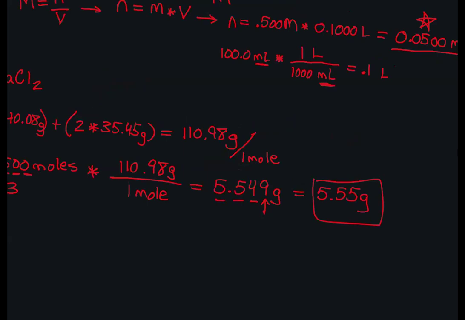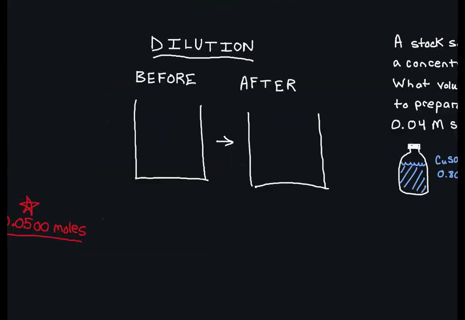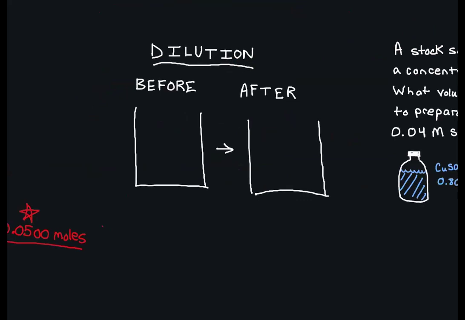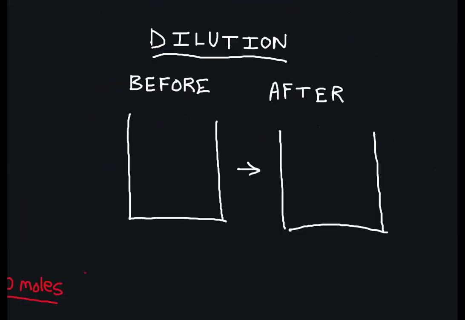The next type of calculation that you're going to need to do involves an equation that's known as the dilution equation. So, excuse me, let me just zoom in. If you think about what dilution is, say you have a drink that's a powdered mix and you taste it and it tastes too strong. Well, you dilute it by adding water to it.